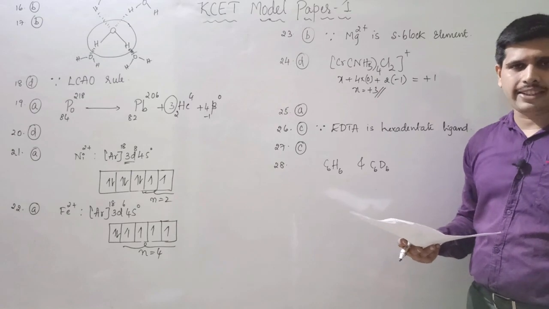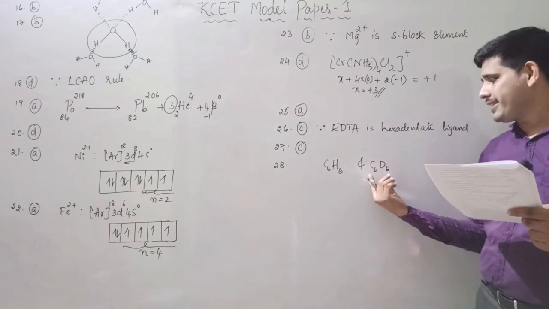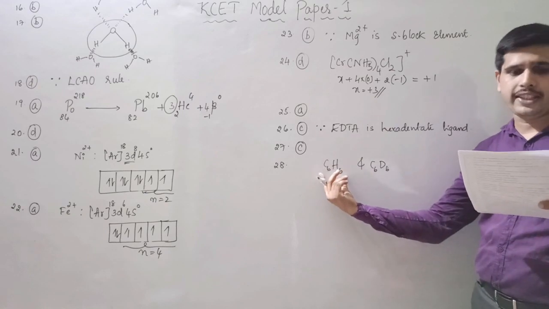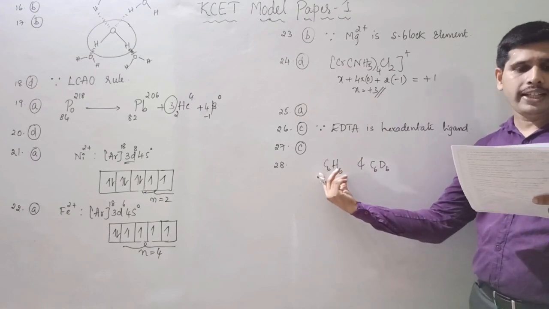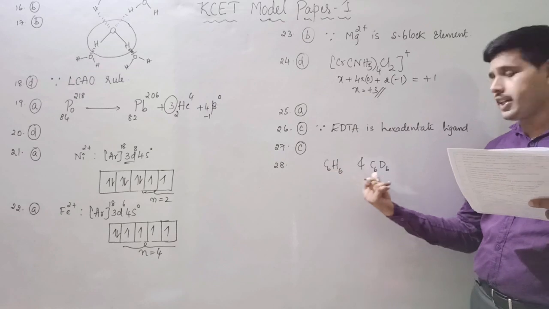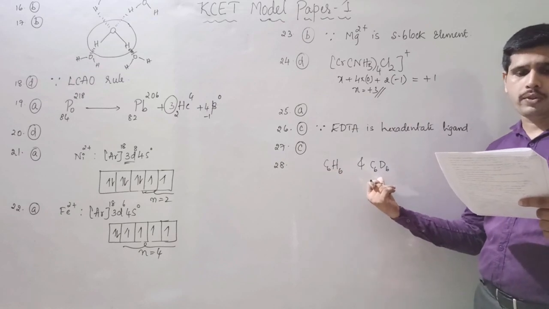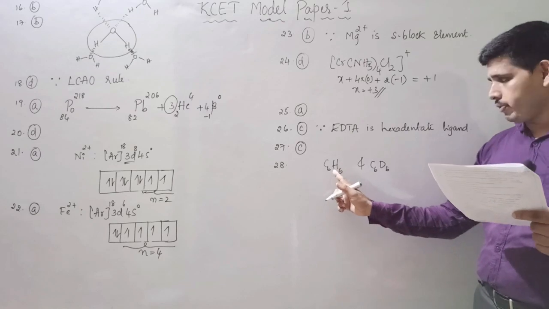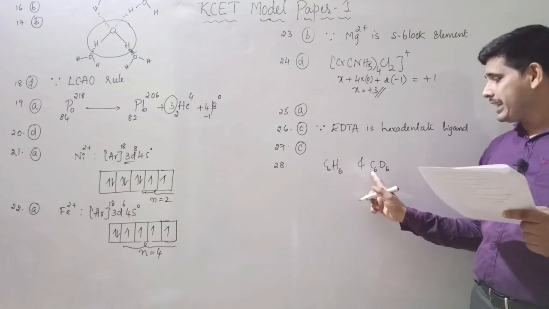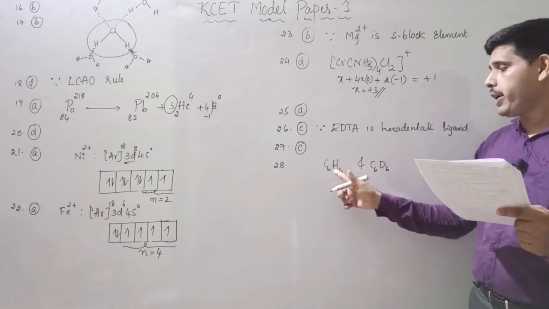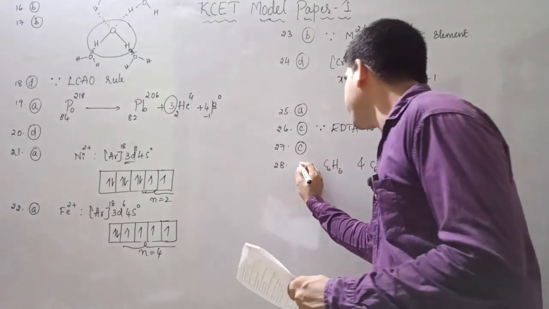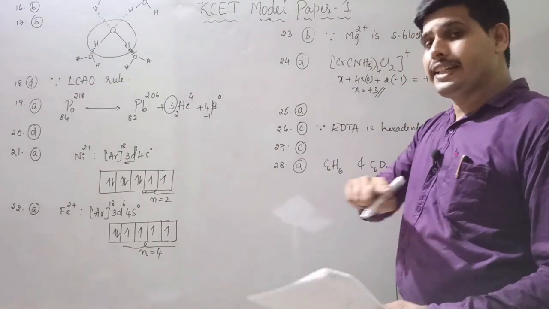So C6D6 rate has to be less compared to C6H6. It is not greater. So the rate of nitration of toluene being greater than benzene is true. The rate of nitration of benzene being almost the same is not true. The right statement has to be that the C6D6 rate is less compared to that of C6H6. Is that fine? So option A is the incorrect statement, therefore that is the right answer here.